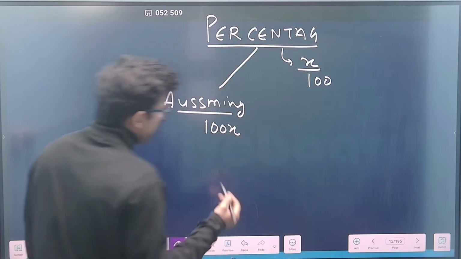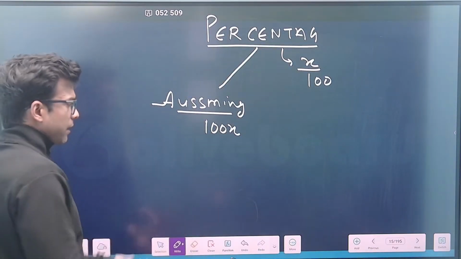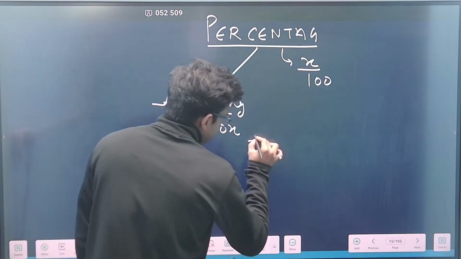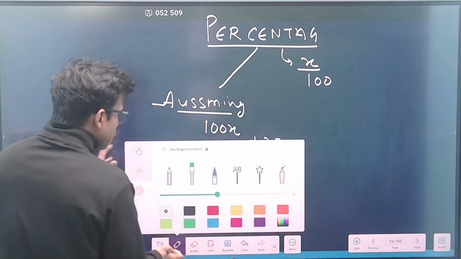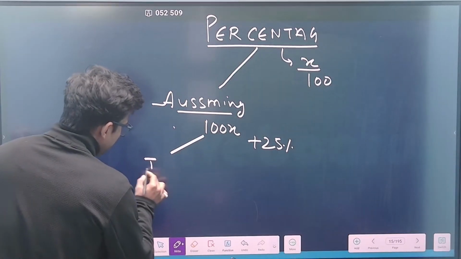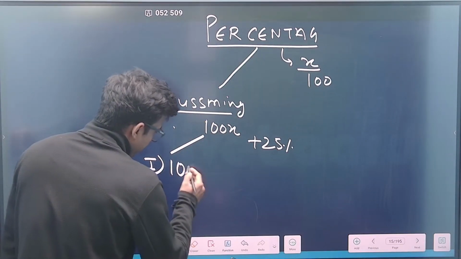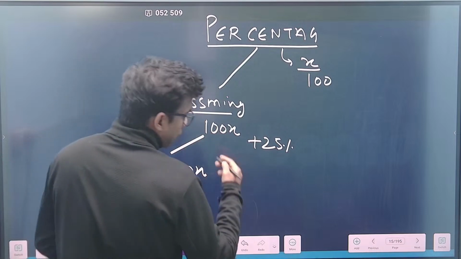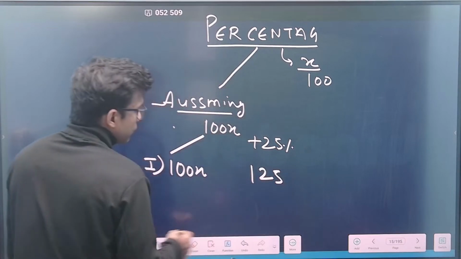Till now, if I say that anything is increased by 25%, what you do in the first method is assume that the initial value of that part which has been increased is 100x, correct? And the final value after the increment becomes 125x. So this is what we assume.